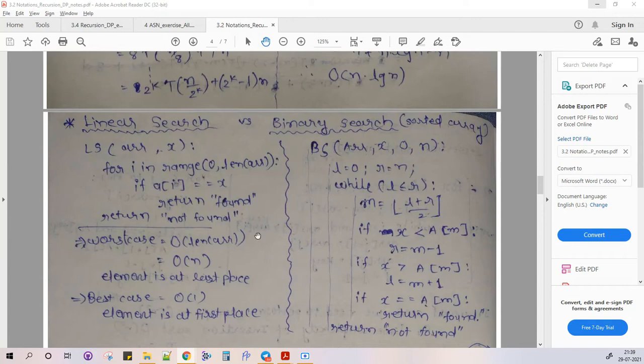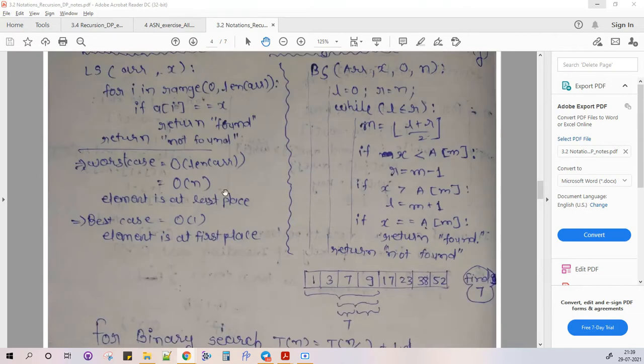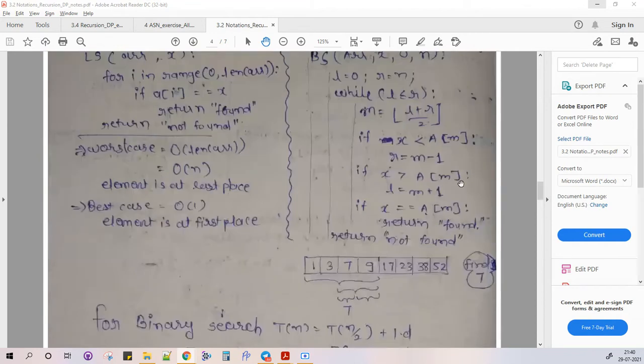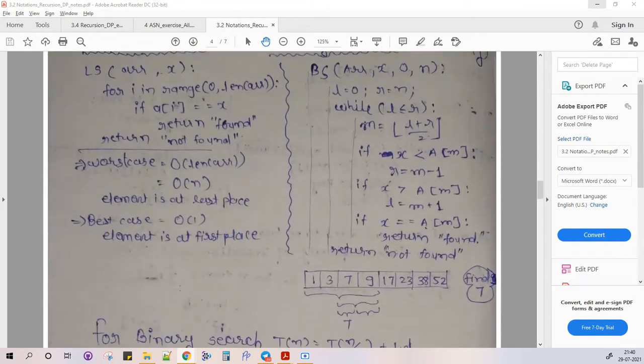Insertion sort is n square, merge sort is n log n. Another sorting algorithm I don't know, but it would be at least order of n, because without visiting all the elements, you can't sort them. So if the array is not sorted, go with linear search. There is no problem. But if the array is already sorted, then we can use binary search.